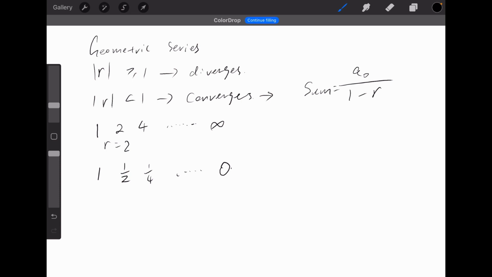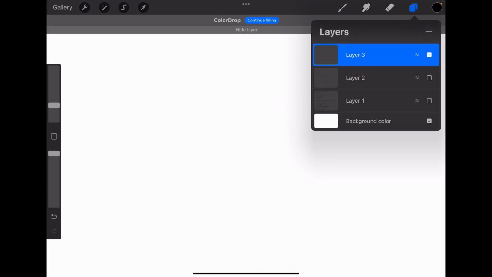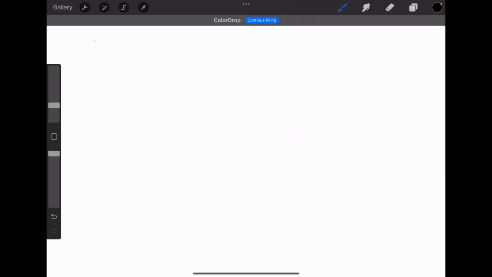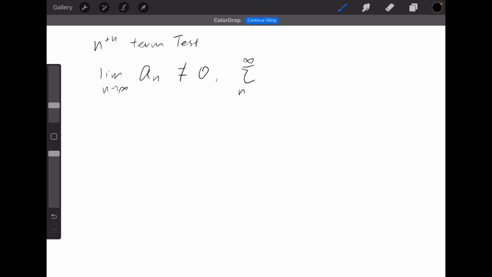Okay, and now let's move on to the second test, the nth term test. The nth term test is very straightforward. It means when the limit as n approaches infinity of an doesn't equal 0, then the series diverges.